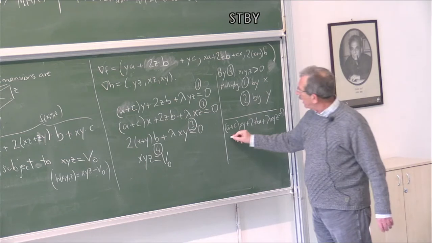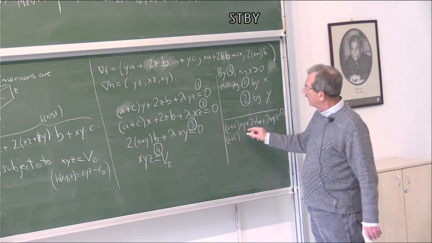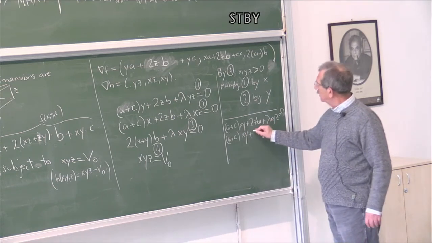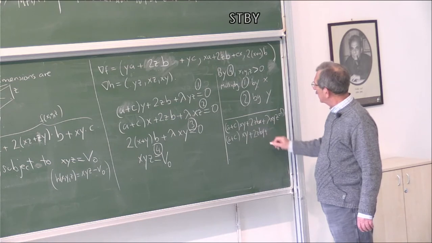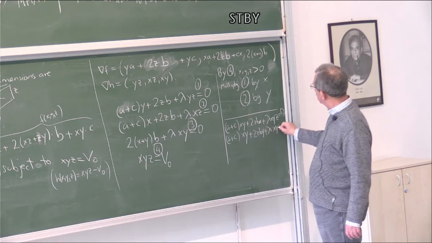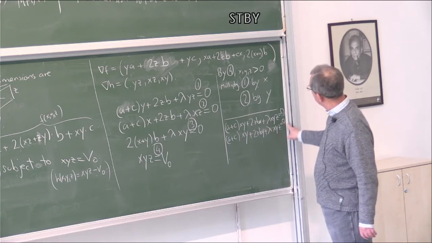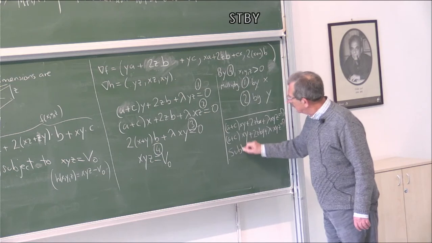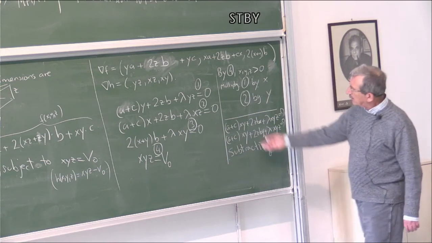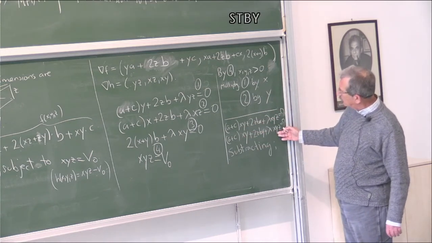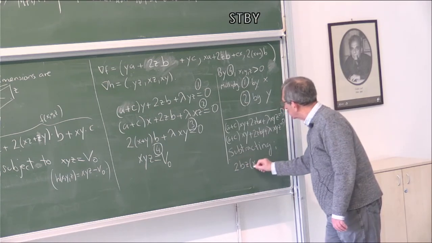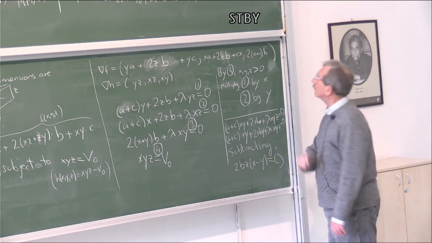From 2, we have a plus c, multiplying by y, this would be xy plus 2zby plus lambda xyz equal to 0. Now, of course, subtract. When you subtract, the last ones cancel out. You have 2bz times (x minus y) is 0.